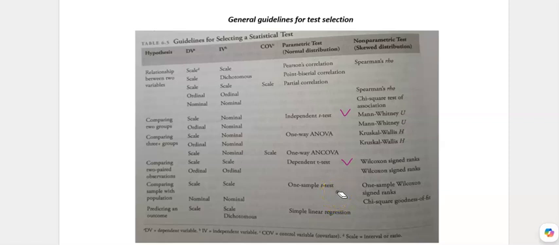That is also more advanced in inferential statistics. Sometimes you will need the one-sample t-test before proceeding with another t-test to check whether your sample is proper to be treated. And then simple linear regression: your independent variable is a scale variable, and your dependent variable is also a scale variable.